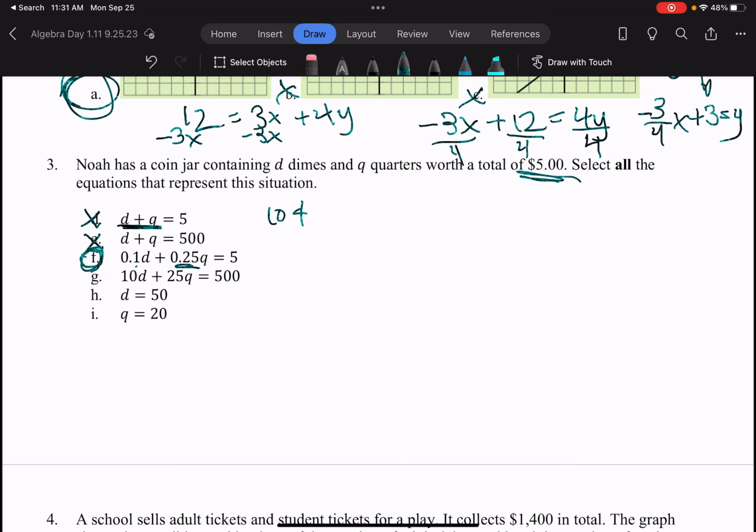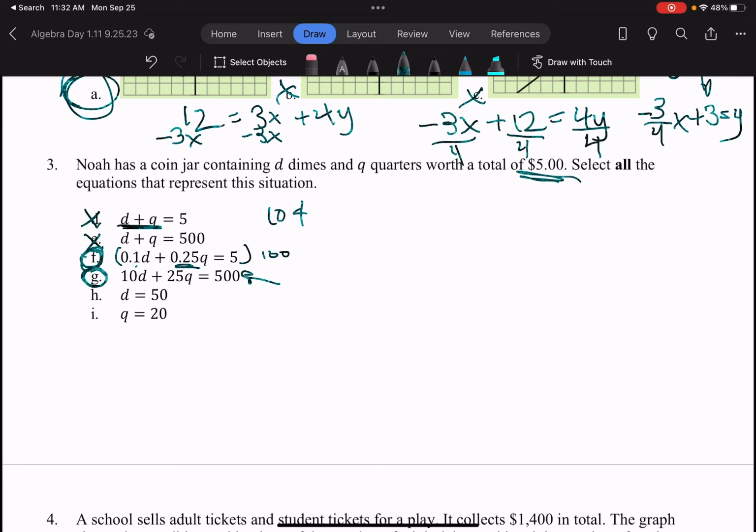In order to get from 0.1 to 10, they would have to multiply by 100, right? So in this equation, they multiplied this entire thing by 100 to get this new equation, and this actually is equivalent, right? Because we can either divide this equation by 100 to get the previous equation, or multiply the previous equation by 100 to get this equation.